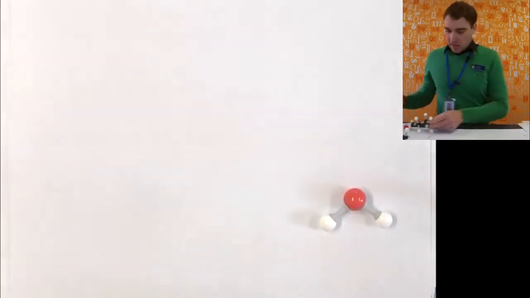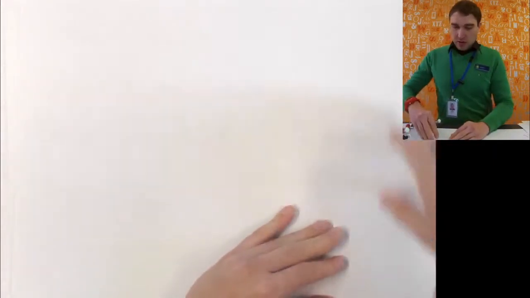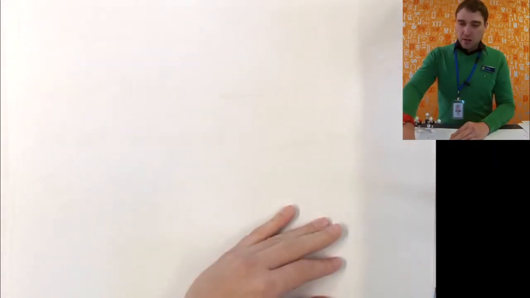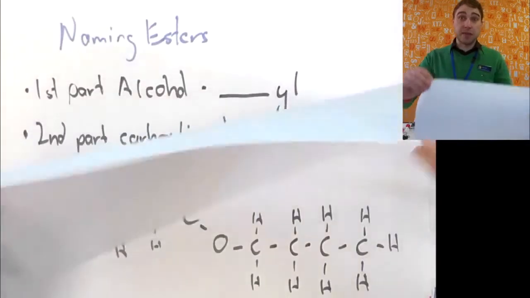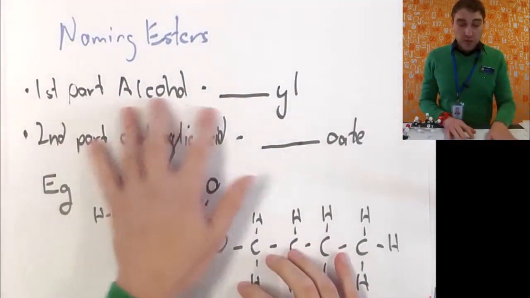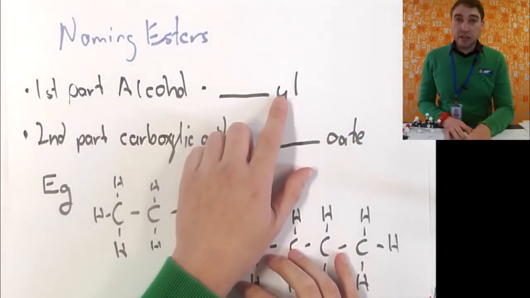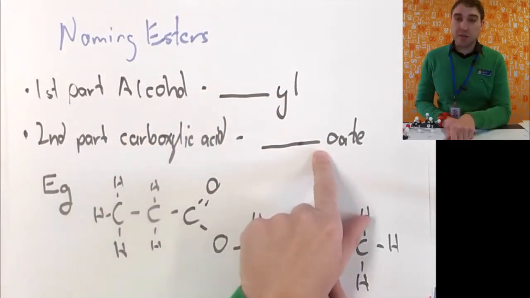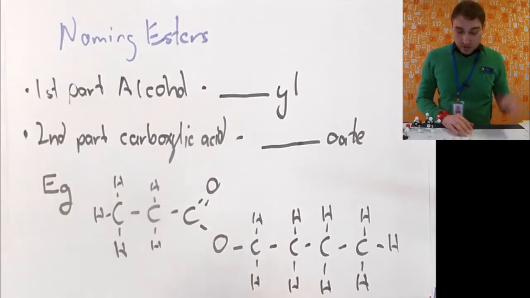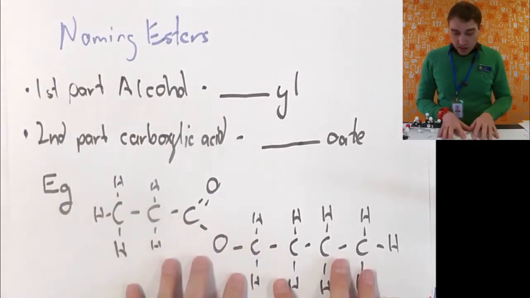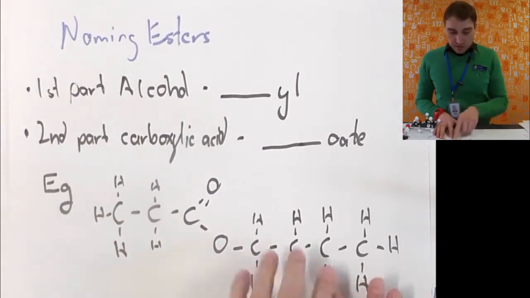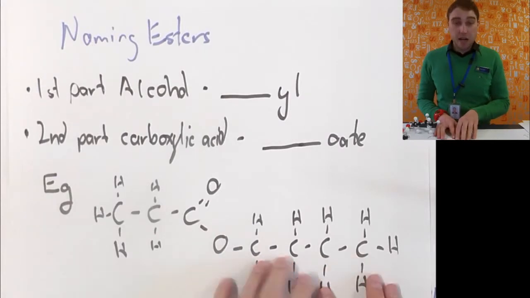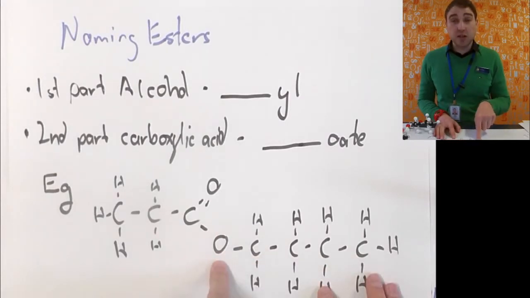So to name an ester, you look at the alcohol and you look at the carboxylic acid that make up the ester. The first part of the name we put "yl" at the end, and that comes from the alcohol. The second part of the name comes from the carboxylic acid, and we put "-oate" at the end. So here's an example. We'll look at this one here. The first bit you do is you look at the part that comes from the alcohol, and that's attached directly to the oxygen.